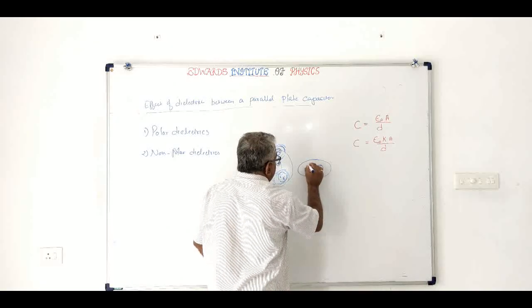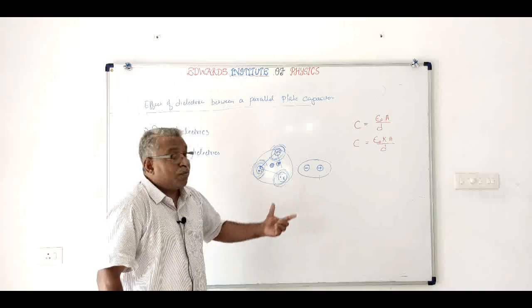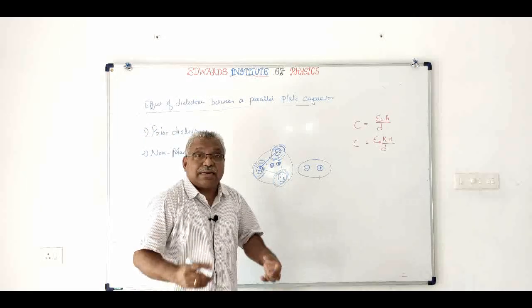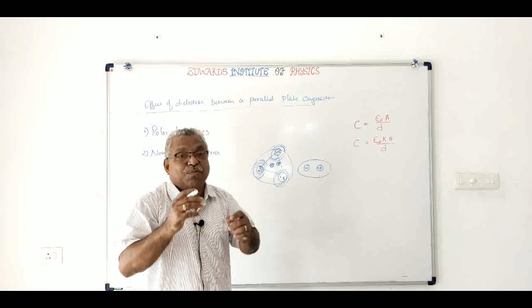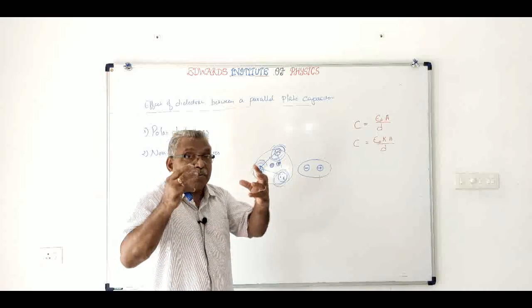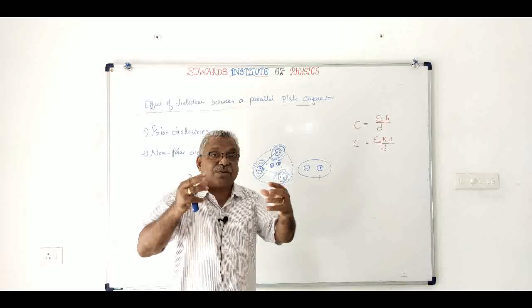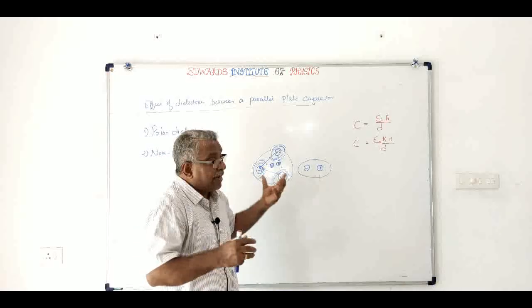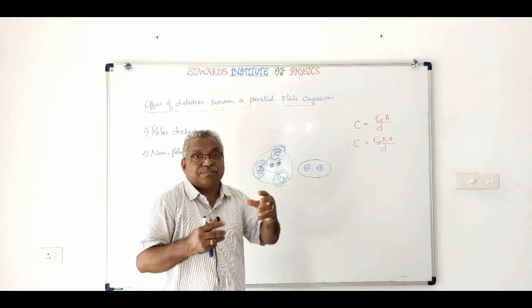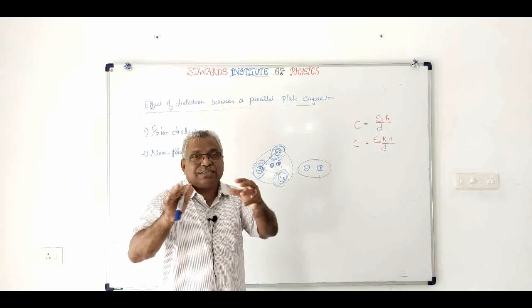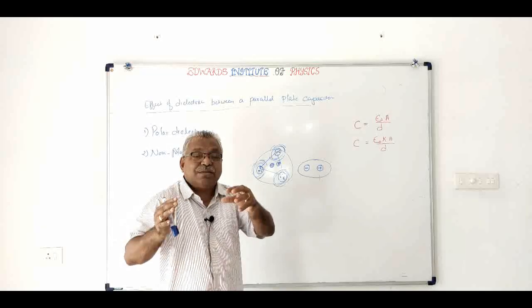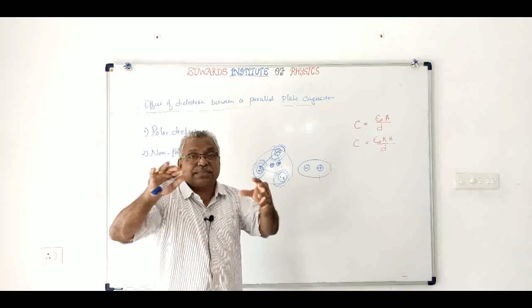This molecule will behave as a dipole. It will have its own dipole moment because the center of the positive charge and the center of the negative charge won't coincide, since they are distributed slightly differently, not in an exact spherical manner.